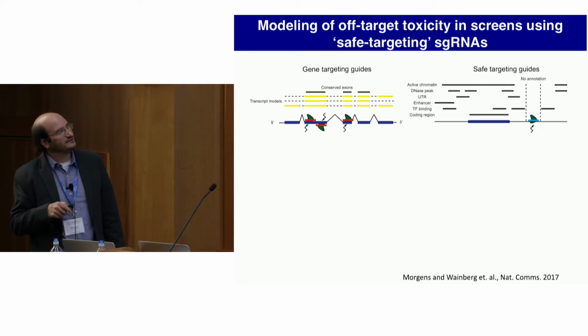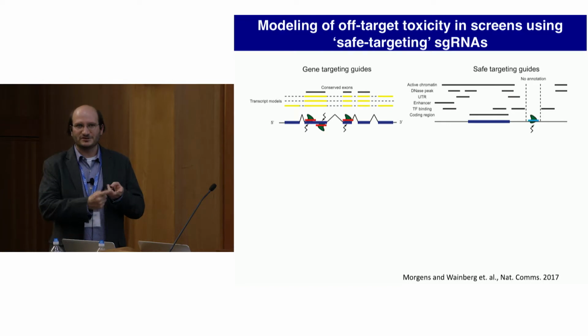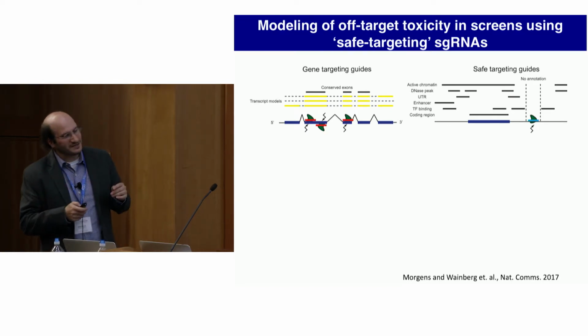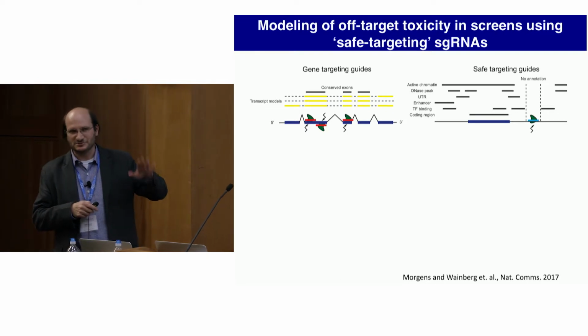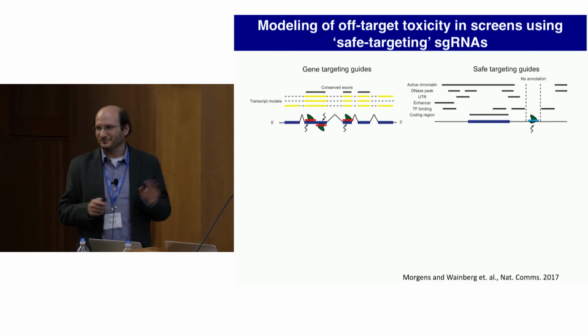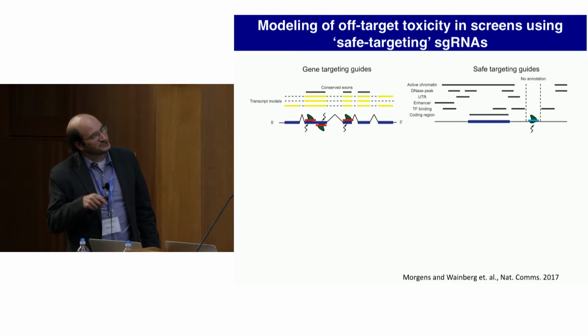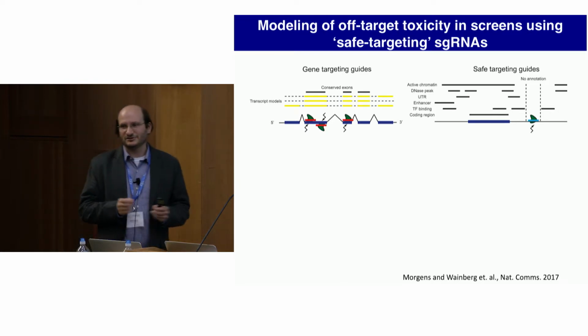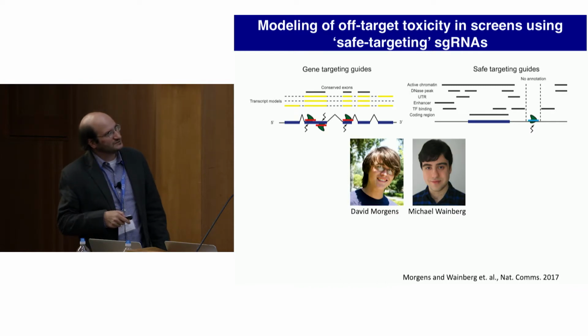So these are regions that have no annotated genes, no chromatin marks, no regulatory elements, and no long non-coding RNAs. Across 170 cell lines, there's nothing at all there that should be functional. And we put a bunch of controls there with the idea that we're going to see what the effect of cutting at one site would be in the genome. So this is the work of David Morgans and Michael Weinberg in the lab.